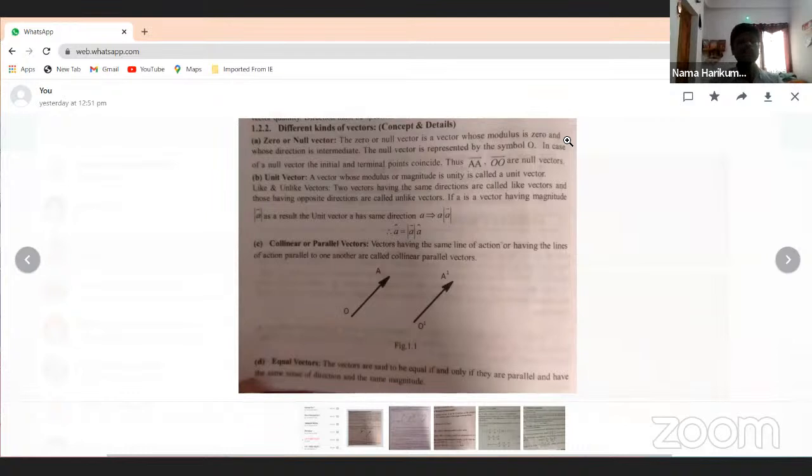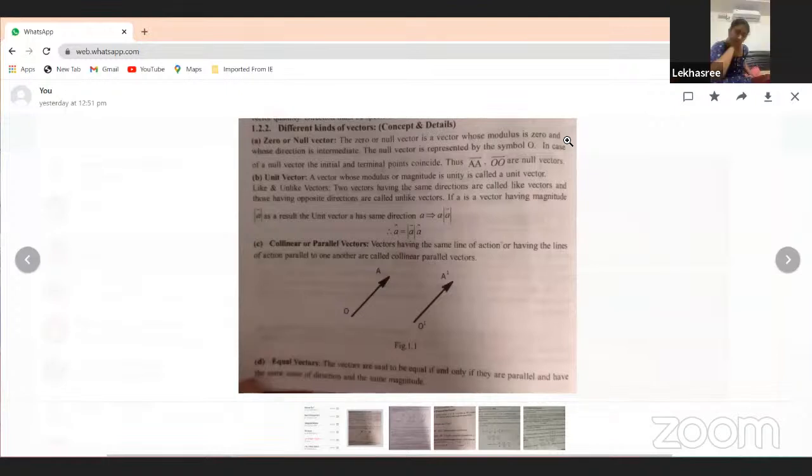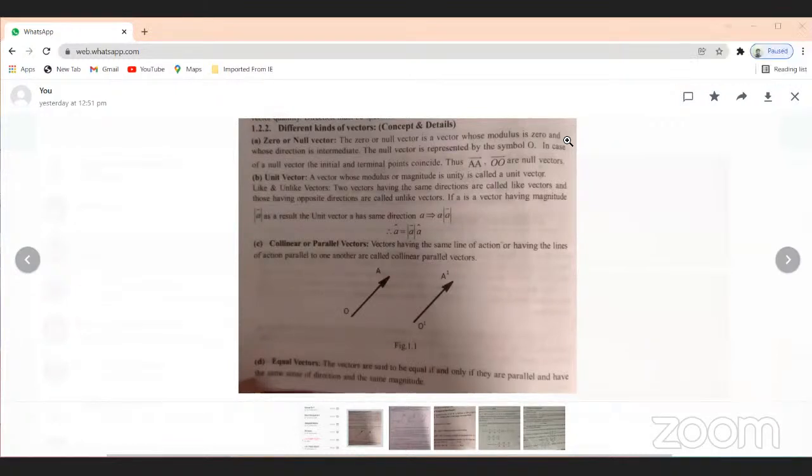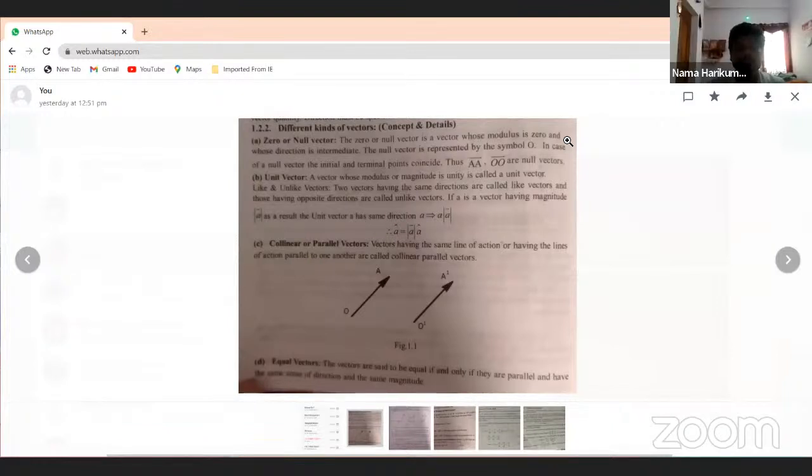Train tracks have equal distance and equal lengths, the same dimensions, track to track. These are examples of parallel vectors.